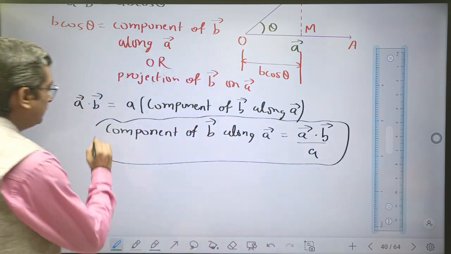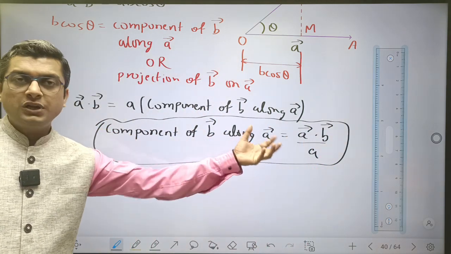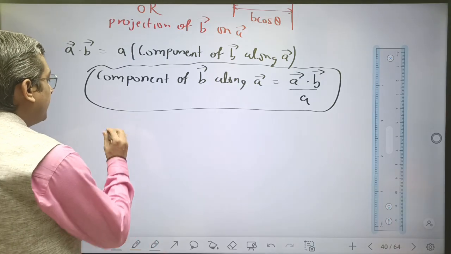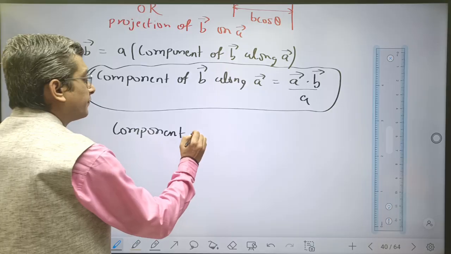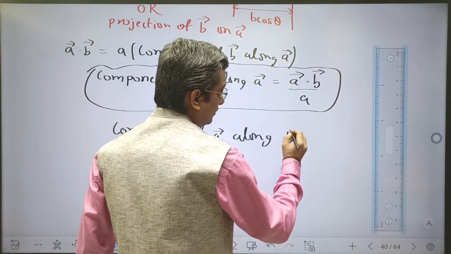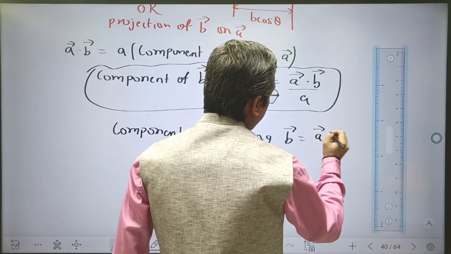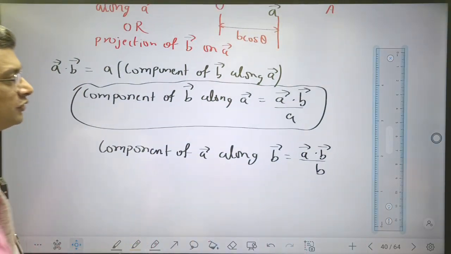In a question, the word projection of B along A can also be used. Similarly, the component of vector A along vector B is A dot B by B, isn't it?